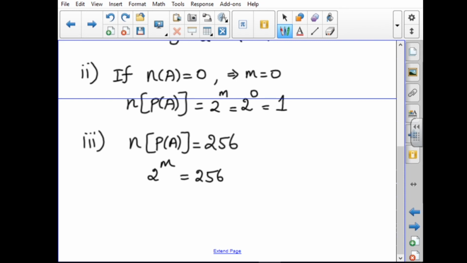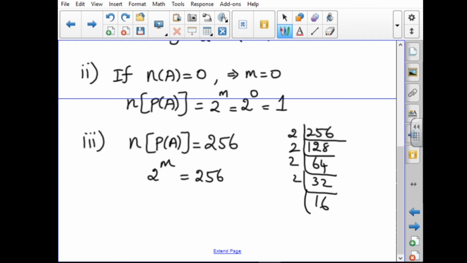So 256 you have to divide by 2. You should divide into prime factors. So 2 into 128, then 2 into 64, then again 2, 32. Again 2, 16. Again 2, 8.